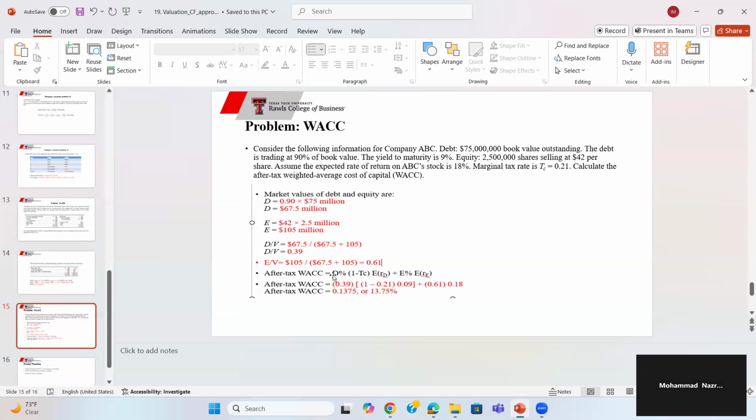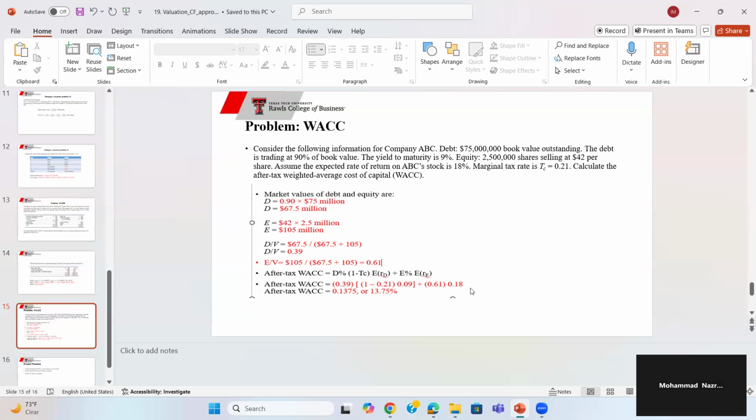Now we take this 39% and multiply it with our tax adjustment, which is 0.21, because for debt we have a tax advantage. Also the yield to maturity is 9%, so we include the 9% with that bond. For the equity part, we have our proportion of 61% and the expected return for this equity is 18%, which is 0.18.